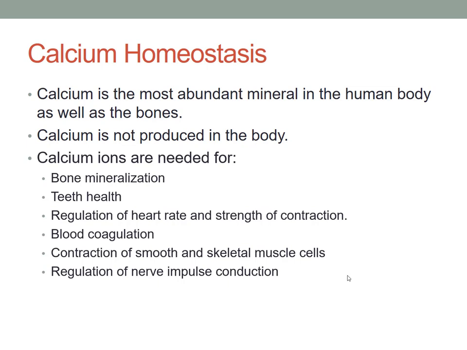So as you can see, calcium is very important, but it's not produced in the body. So just like some other minerals, you only get what you actually take in through your dietary intake.